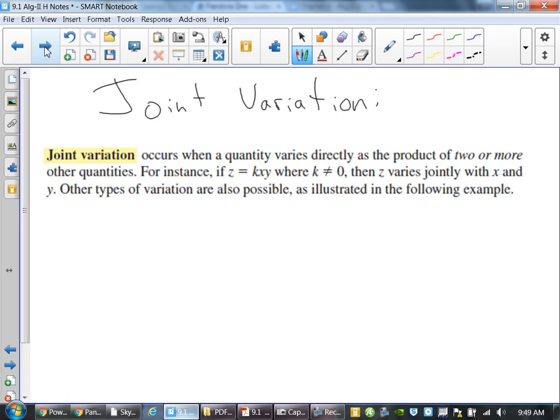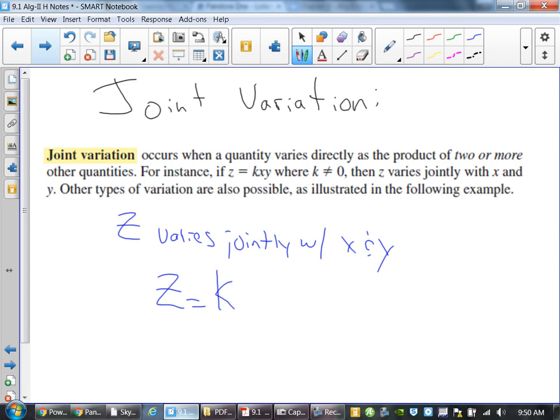As soon as you see the words varies jointly, that means you're multiplying more than one thing together. So z varies jointly with x and y. That just means z equals k times x times y.